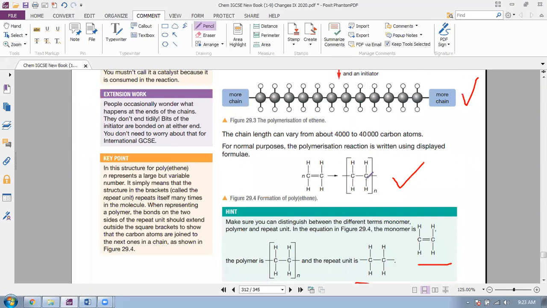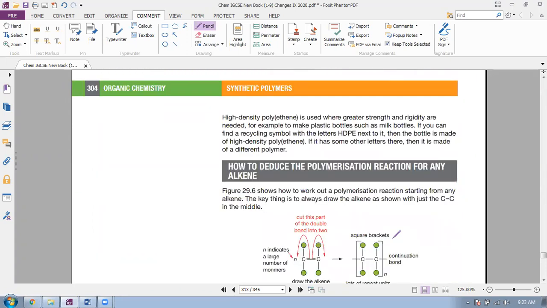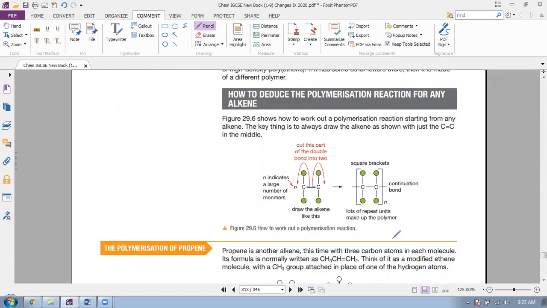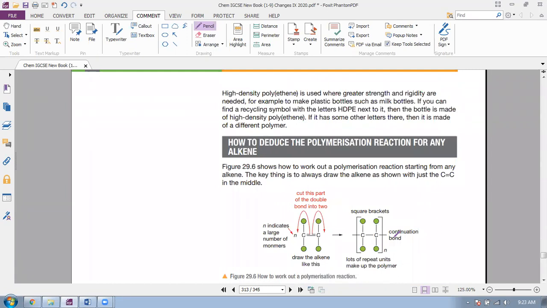It means that if you add orange color bromine water, the orange color bromine water would not lose the color. And there are some uses given of polyethylene.